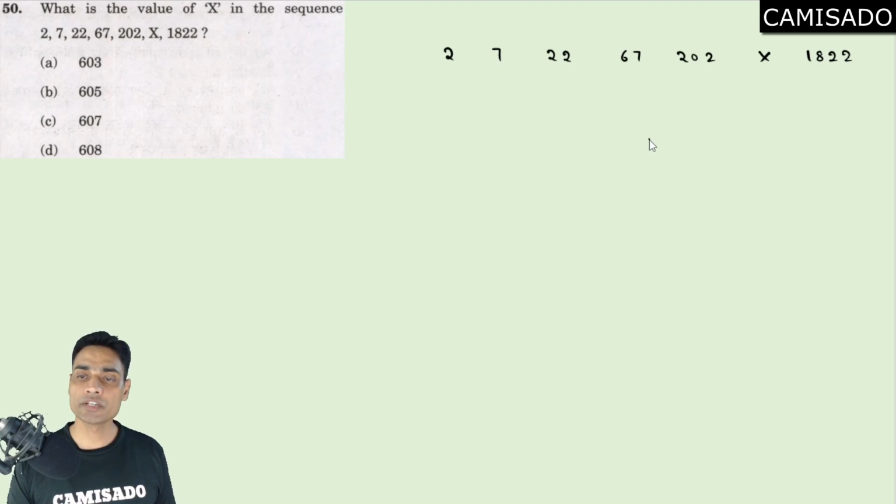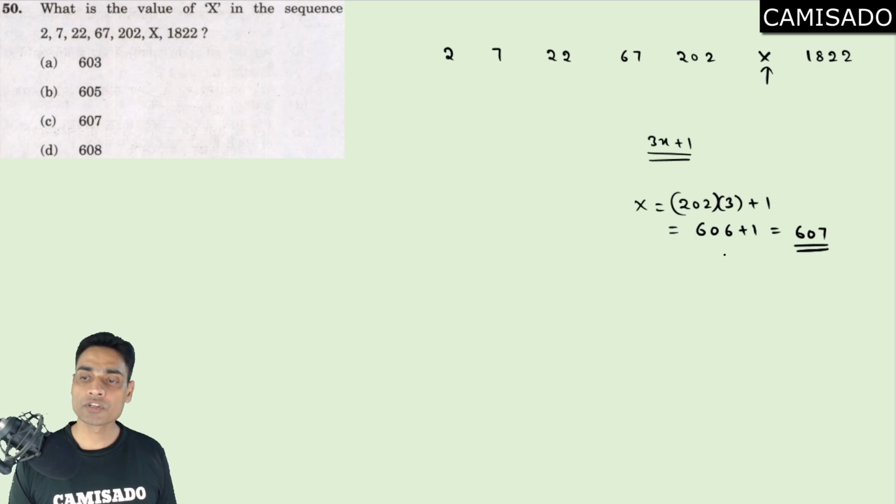Why? 2 3s are 6 plus 1 is 7, 7 3s are 21 plus 1 is 22, 22 3s are 66 plus 1 is 67, and so on. So the relation is 3x plus 1. Ultimately the number x will be 202 multiplied by 3 and adding 1. So 606 plus 1, it will be 607.